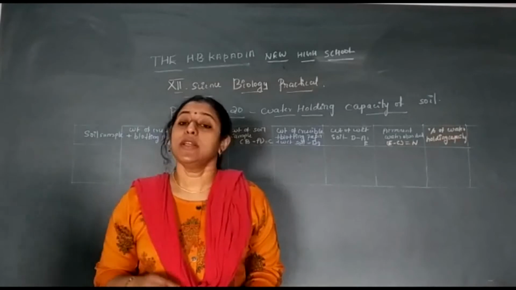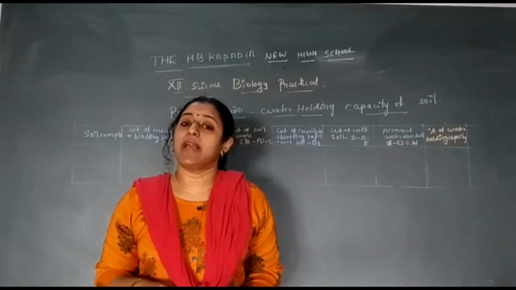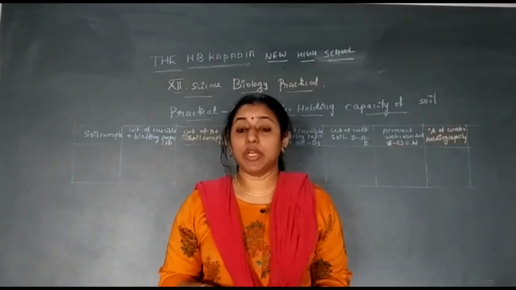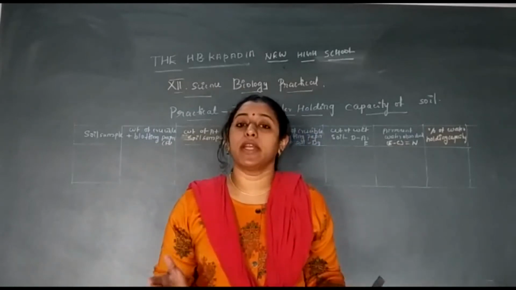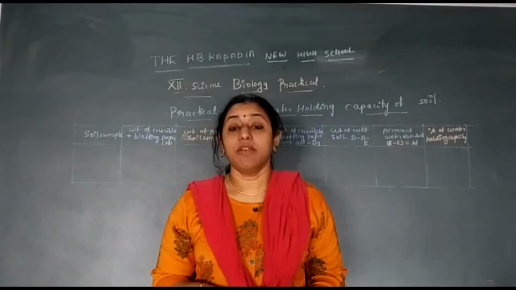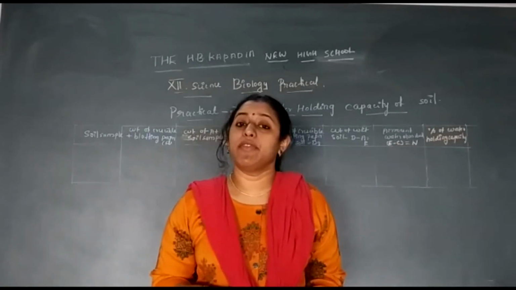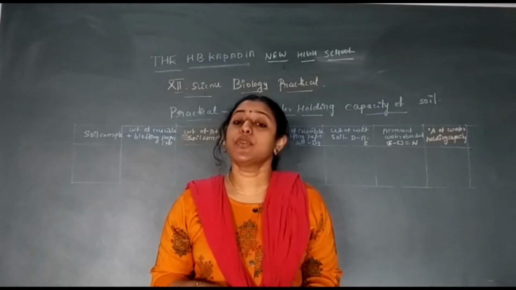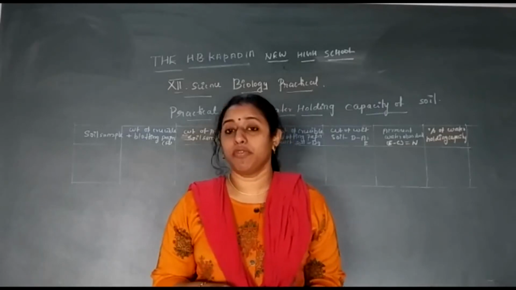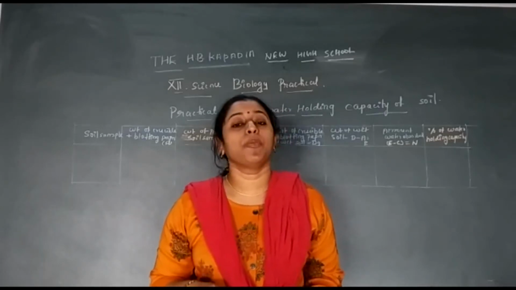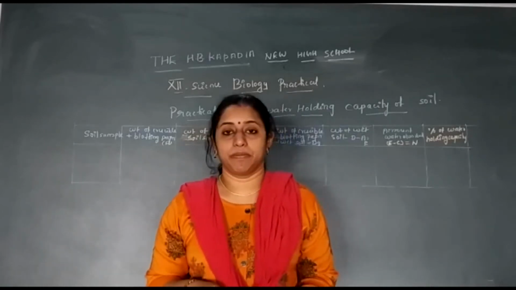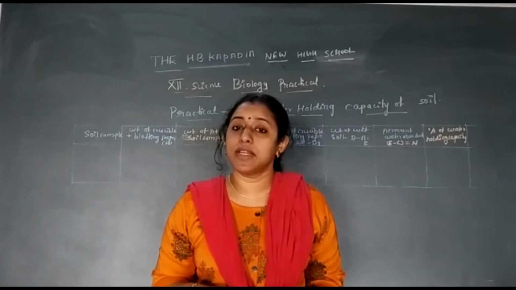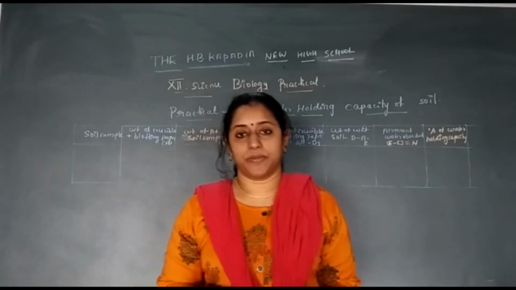For example, sandy soil has a very low water holding capacity, because the soil particles are arranged loosely. Whereas clay soil has a very good water holding capacity. It holds water for a long period of time, so that also cannot be suitable for farming, because excessive water in the soil results in wilting of fruit.